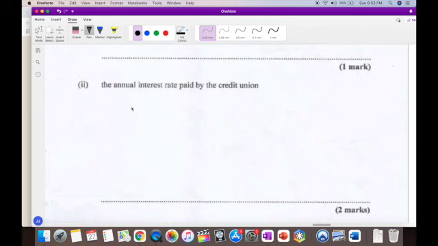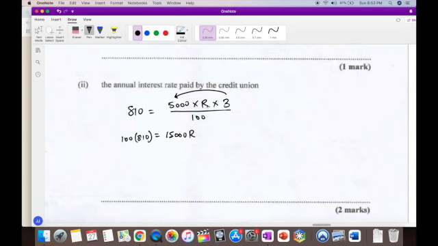Part 2, the annual interest rate paid by the credit union. So we see here that the simple interest is $810. That is equal to the principal, which is 5,000, times the rate, which is what we want to find, times the time, 3 years, all over 100. So now we could carry the 100 across, so it'll be 100 multiplied by 810, equal to 3 times 5, which is 15,000 R. Now I could throw the 15,000 over.